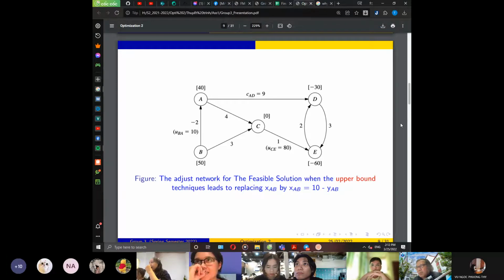This is the maximum capacity that the arc ij can transfer from node i to node j. Meanwhile, cij is the cost of transferring one unit from node i to node j. For example, for the arc AD, cAD is 9, so it costs 9 to move one unit from node A to node D.